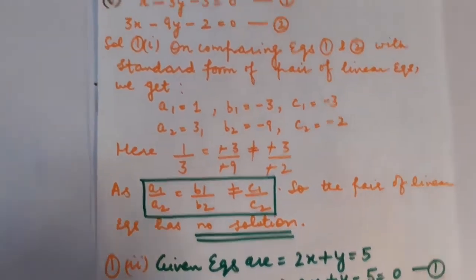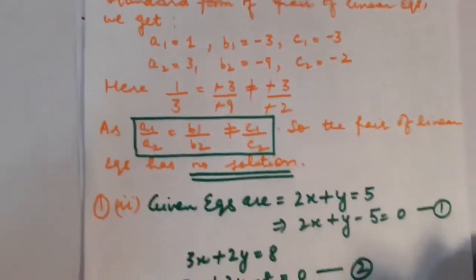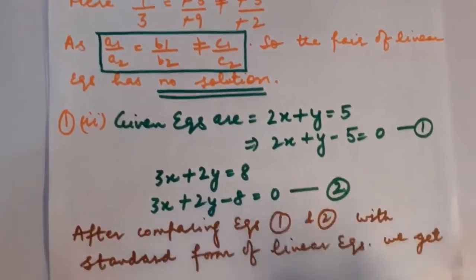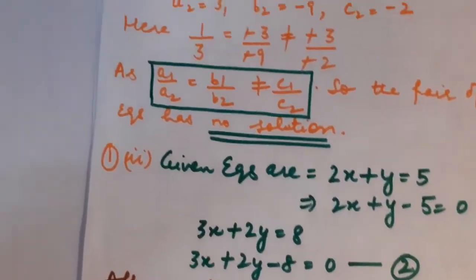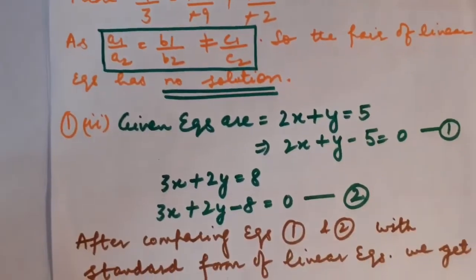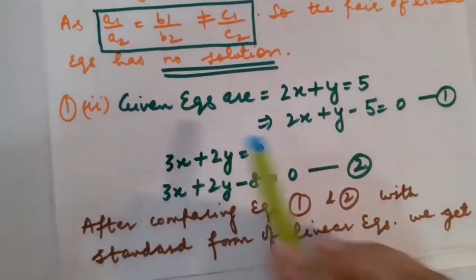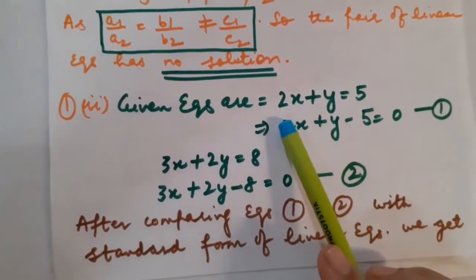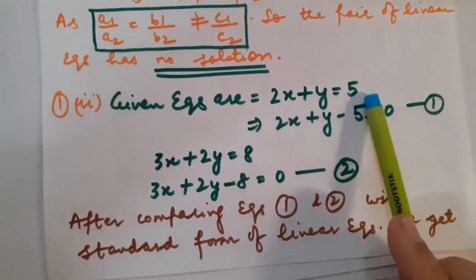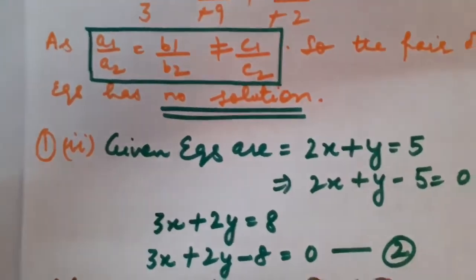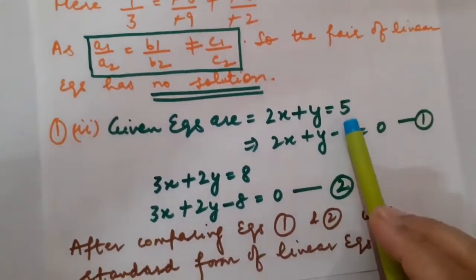Now I am going to take the next question. Let us see whether the condition of unique solution holds or not. So this is question number 1, second part. Given equations are 2x plus y is equal to 5. So what I have done, children, here 5 was on the RHS.